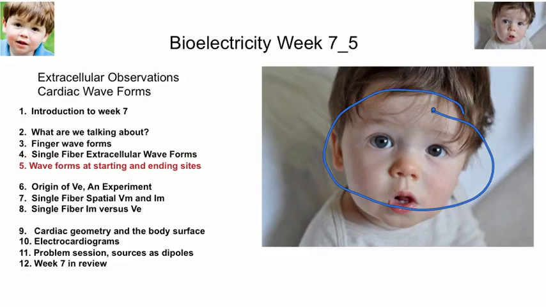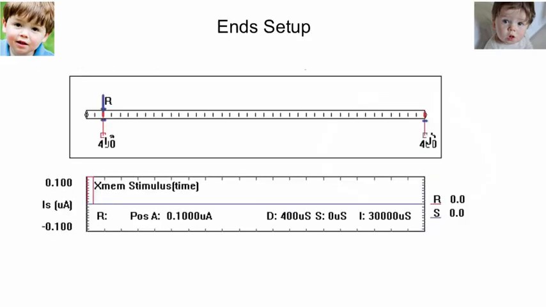So in this segment, we're going to look at a detail of extracellular waveforms. This is a detail that can be used to advantage, but it's also a detail that is interesting to think about in terms of how it comes about. We want to consider the waveforms that occur outside the fiber, near the beginning and near the end.